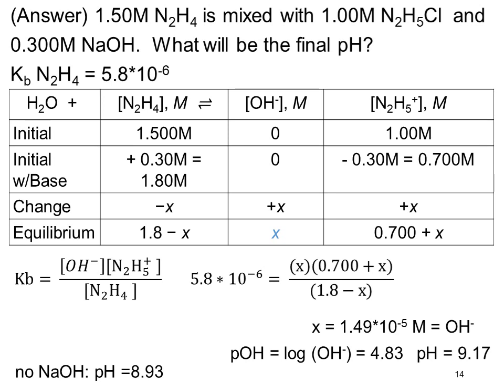We added base, the pH went up, right? But it's a relatively small change. Again, this NaOH concentration would have had a pH of somewhere around 13.3, 13.4. We had a much smaller change than that because the buffer absorbed that base and made a small change to the buffer system, which kept the pH in more or less the same place.